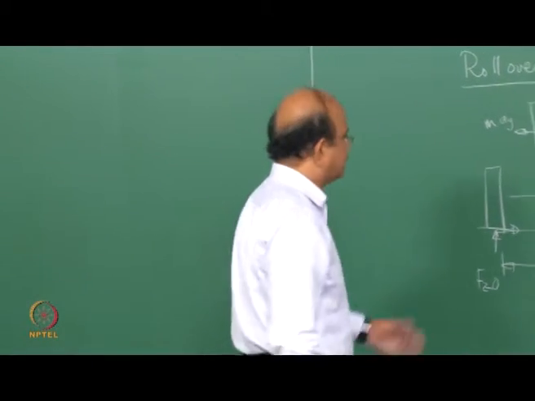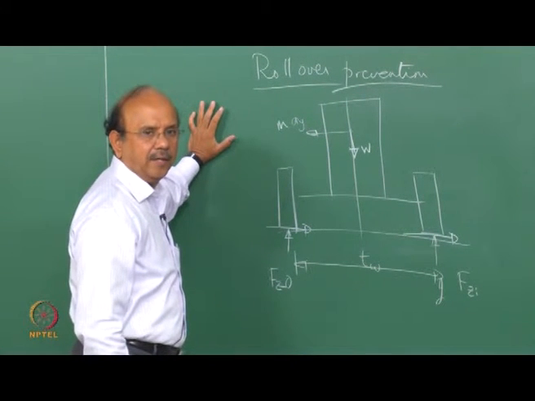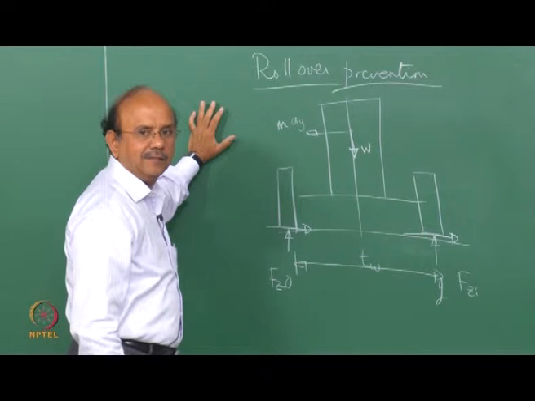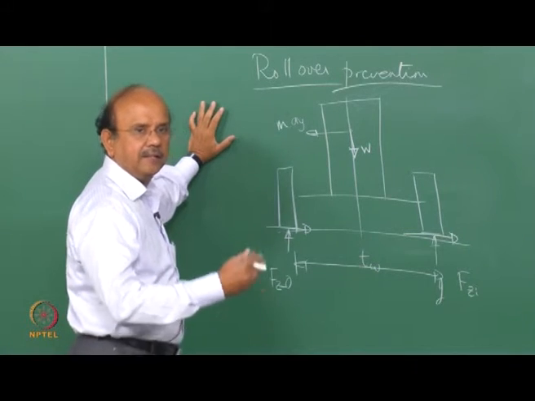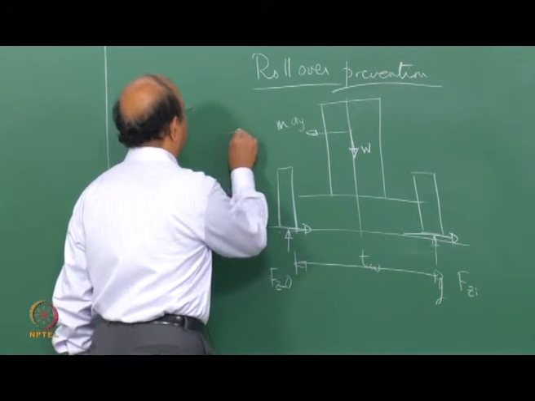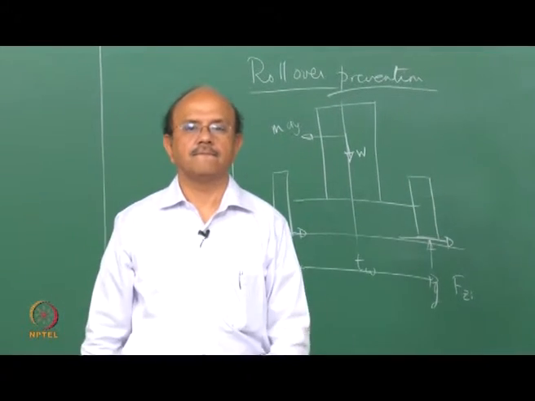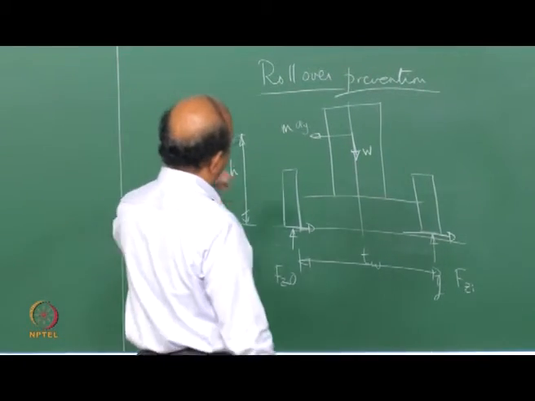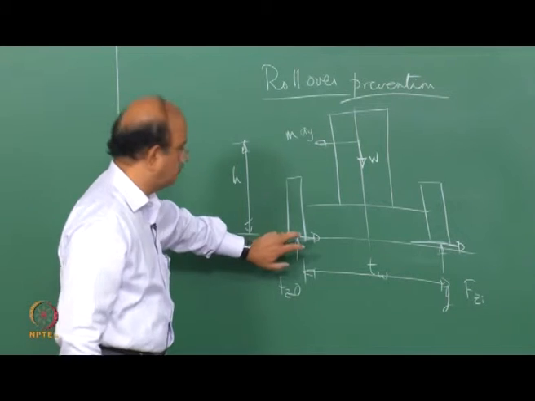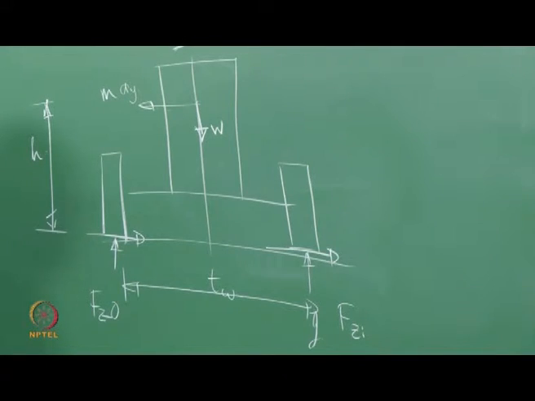So let's calculate what should be the critical AY in order that this lift of the inner tire takes place. Let me call that distance h. Now, take moments about this outer tire, and tell me what should be this AY.